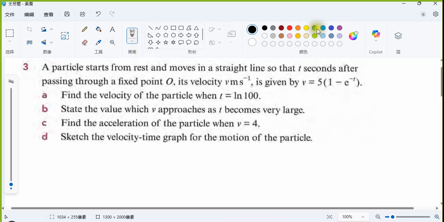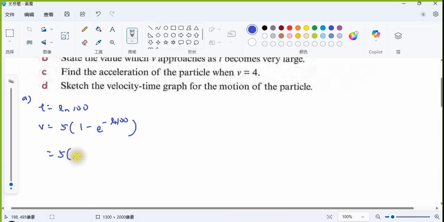Question number 3. A particle starts from rest and moves in a straight line so that t seconds after passing through a fixed point O, its velocity v is 5 times (1 minus e to the power negative t). Find the velocity of the particle when t equal to ln 100. So when t equal to ln 100, the velocity will be 5 times (1 minus e to the power negative ln 100). Then it will be 5 times (1 minus (e to the power ln 100) to the power negative 1).